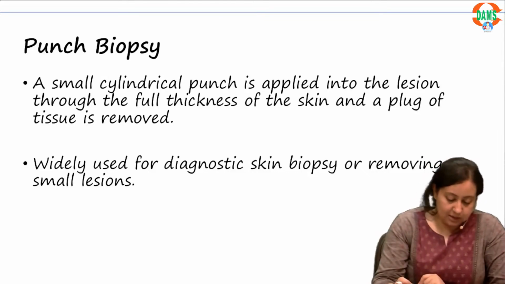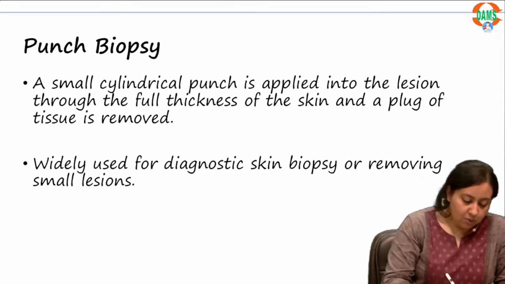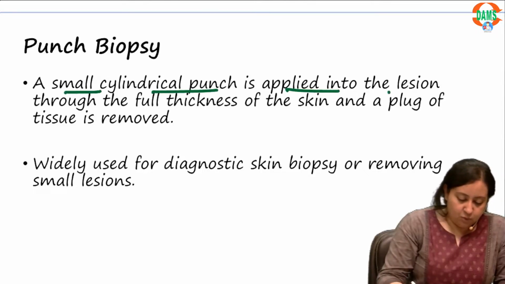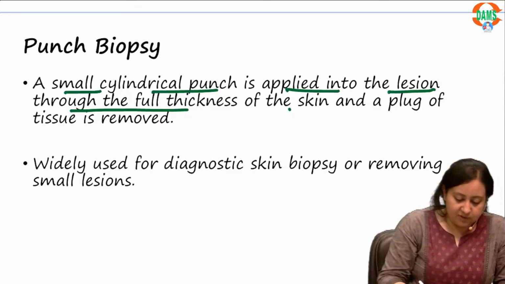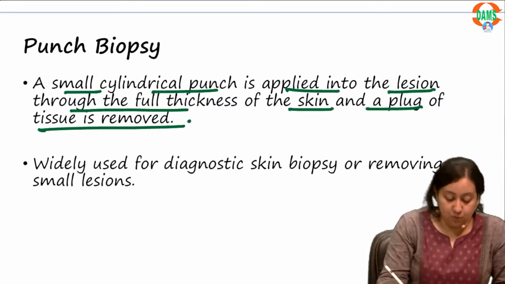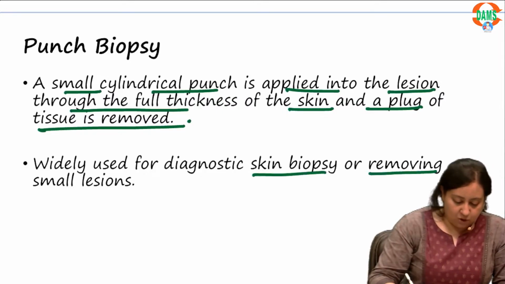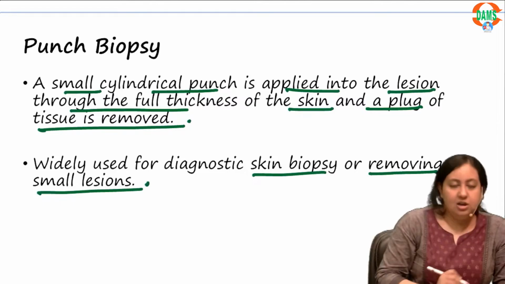Now this is a minimally invasive biopsy. So what is done? A small cylindrical punch is applied into the lesion through full thickness of the skin and a plug of tissue is removed. I'll just show you the visual also, and it is widely used for diagnosing skin biopsies or removing smaller lesions.